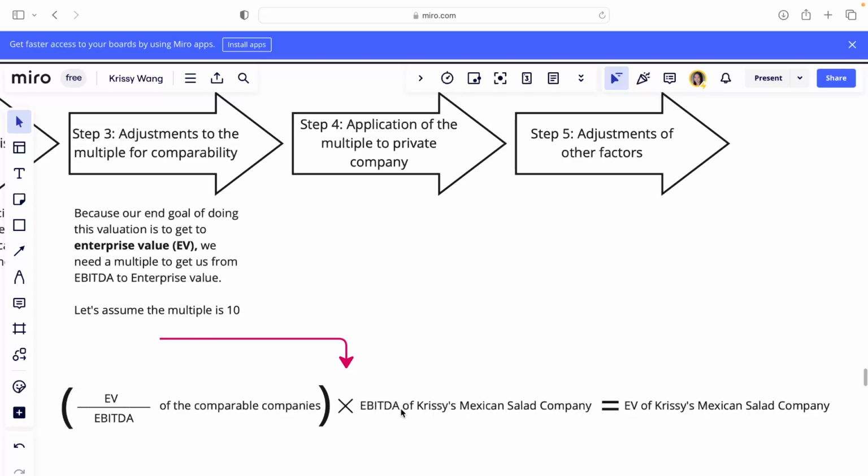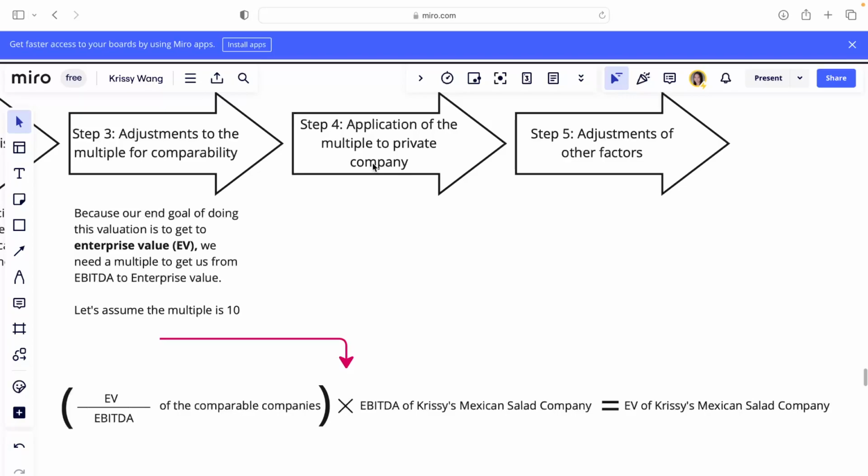Again, EBITDA is on Chrissy's Mexican salad company's financials. This is a very common metric to have on a financial statement. If you do the math, EBITDA cancels with EBITDA when you multiply them together, and then all you have is EV, and that gives you the enterprise value of this company. That will get us to the goal.